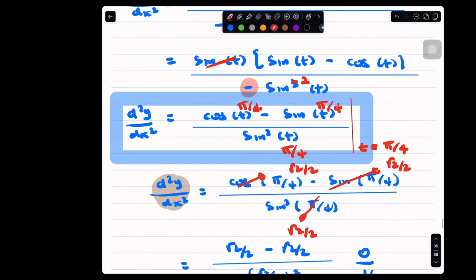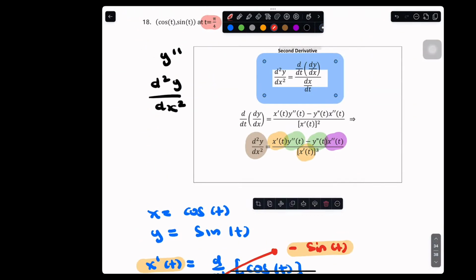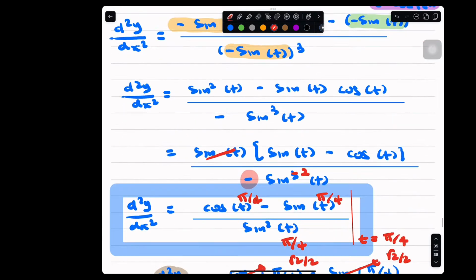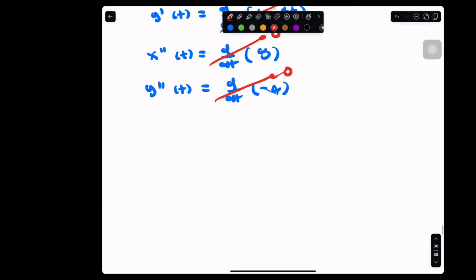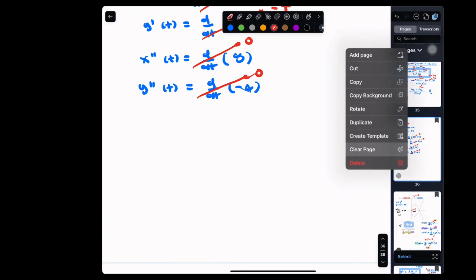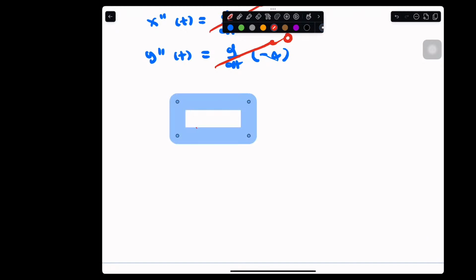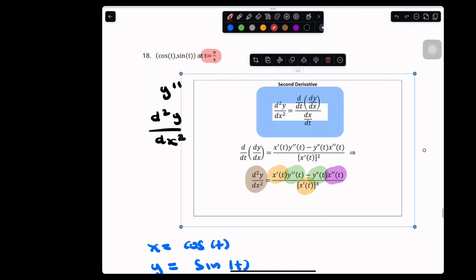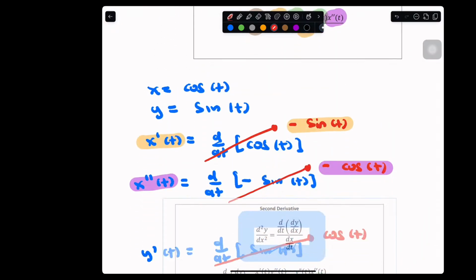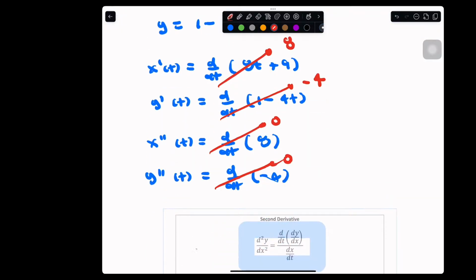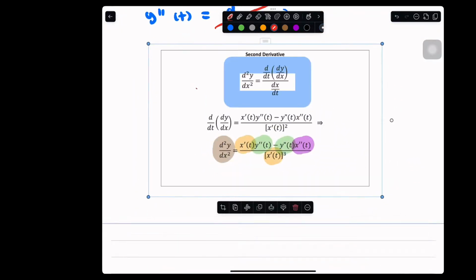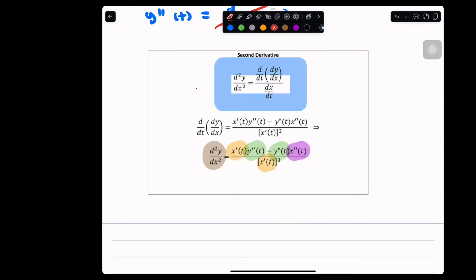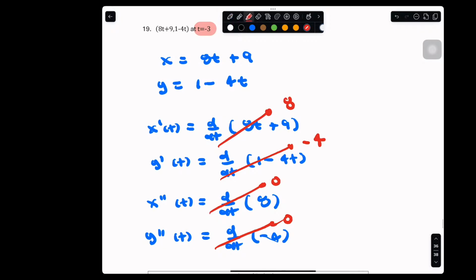All right, so if I go back here and get our formula, let's duplicate this. Okay, so x prime t is orange, 8.